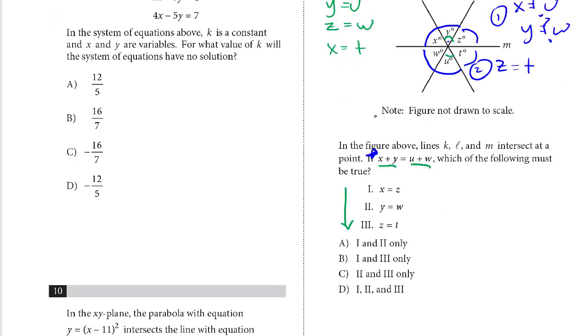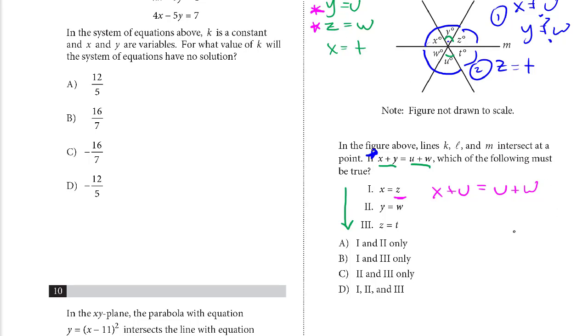Number 1, x equals z. So I have x plus y equals u plus w. Well, I can substitute y equals u in here. So x plus, instead of y, I'll write it as u, equals u plus w. Well, since I need to find a z here, instead of w, I'll plug in z.